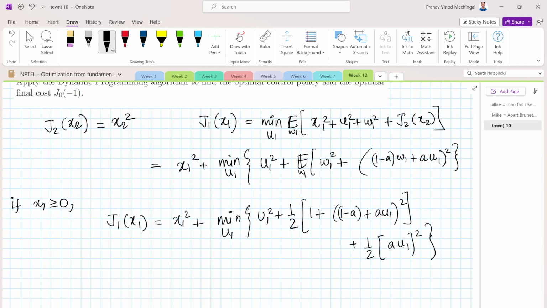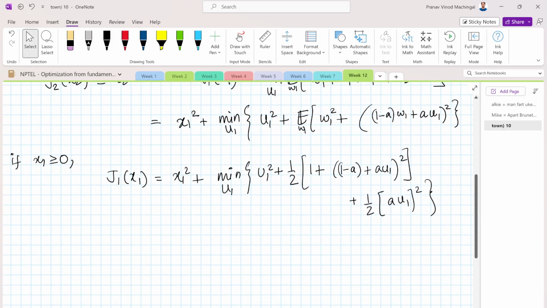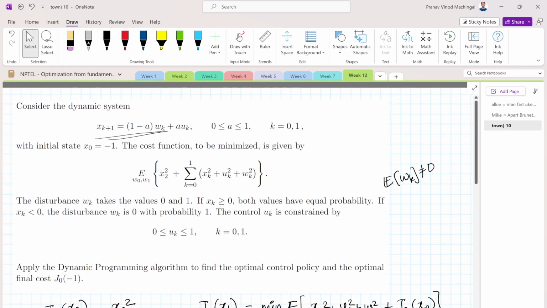So this is a quadratic equation in u1, and u1 is given to be between 0 and 1.